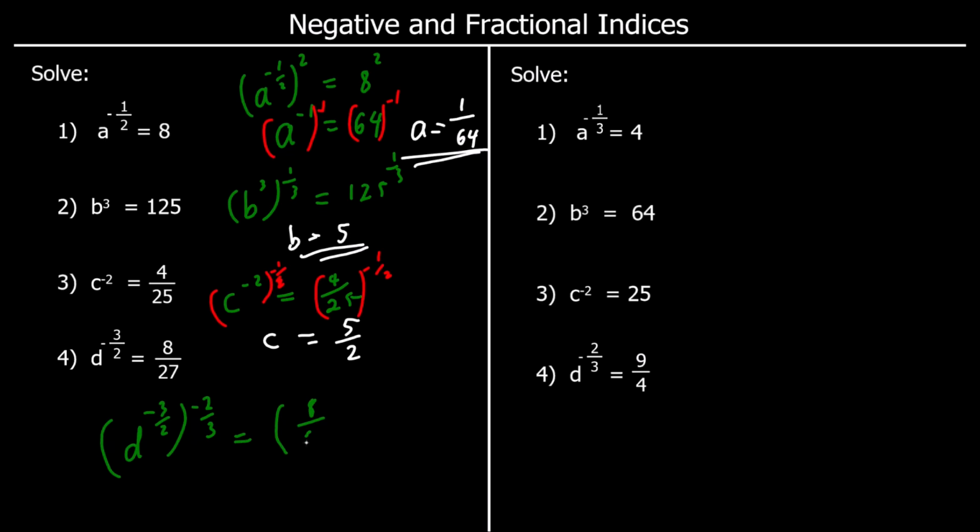So that's 8/27 to the power of minus 2/3. That's a cube root, a square, and a flip. So cube root is 2/3, squared is 4/9, flipped is 9/4. 3 for you to try, so give them a go.